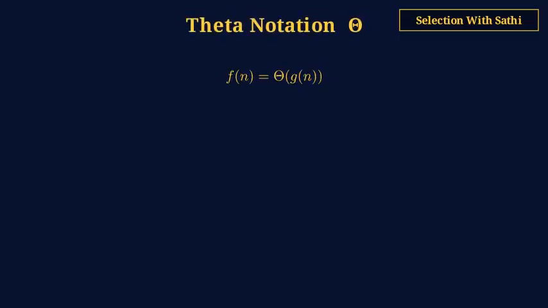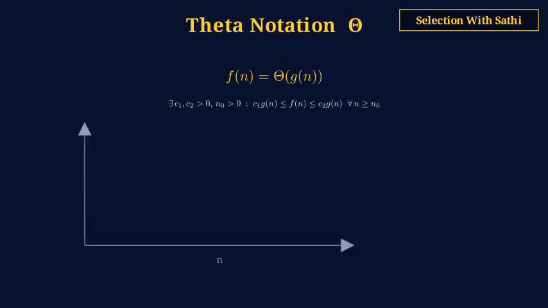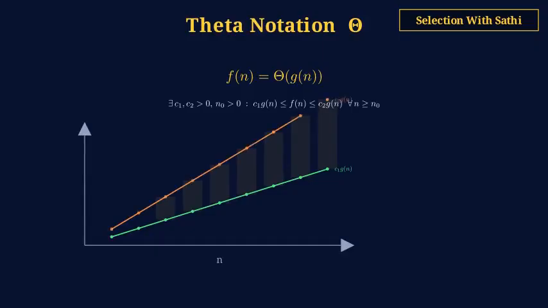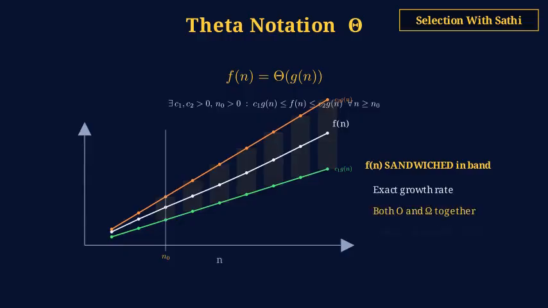Now the most powerful notation. Theta. Look at the definition on screen. f(n) = Θ(g(n)) means there exist constants c1, c2, and n0 such that c1 times g(n) is less than or equal to f(n), which is less than or equal to c2 times g(n), for all n greater than or equal to n0.